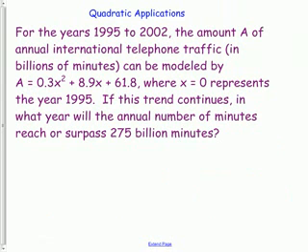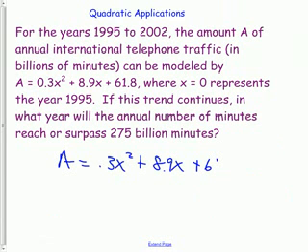There's another application problem. I guess I'll go through just this one more. If I start with this, a equals 0.3x squared plus 8.9x plus 61.8, where x represents a year, that tells me this is a time, and a is an amount.